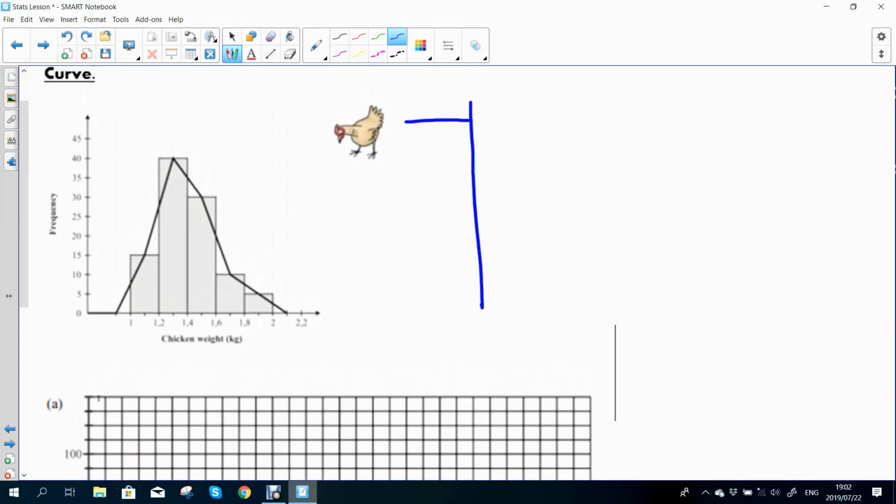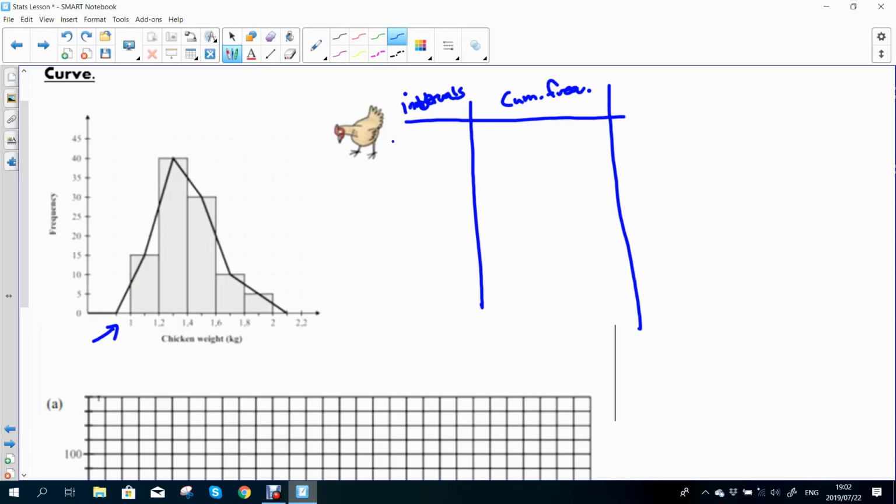So we need to have our intervals, and we need to have our cumulative frequency. We can't draw anything without those two columns. Now, what they gave you here is a frequency polygon, which is in fact a frequency table, but it's just drawn differently.